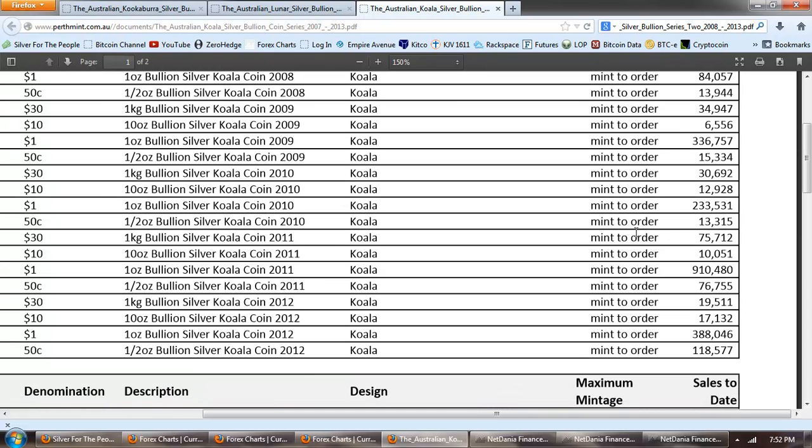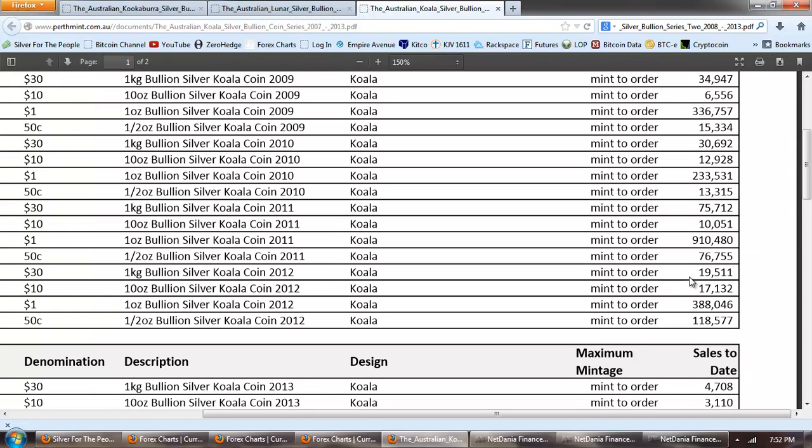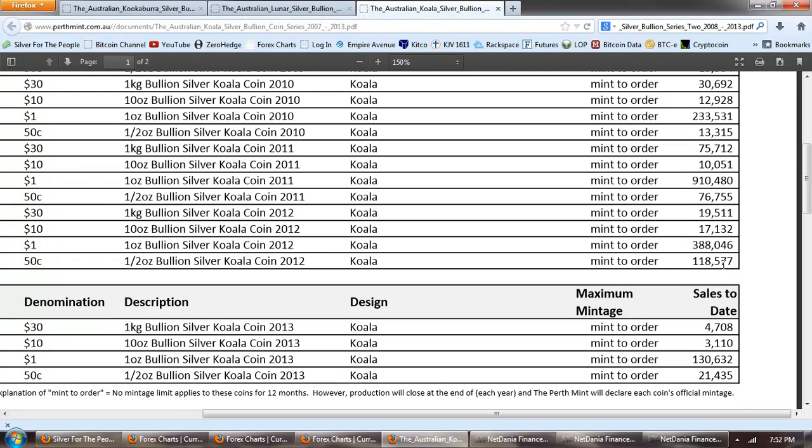The half ounces in 2010, 13,000. Again, very, very low. And in 2011, it really jumped up with 76,000. You can see in 2012 they got 118,000 of those out. Now I got quite a decent number of those. I don't have any of the 2012 1 ounce, but I do have the half ounce.